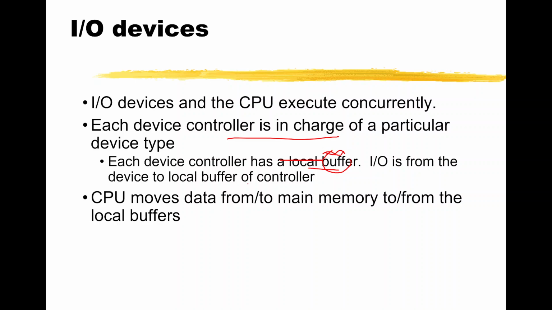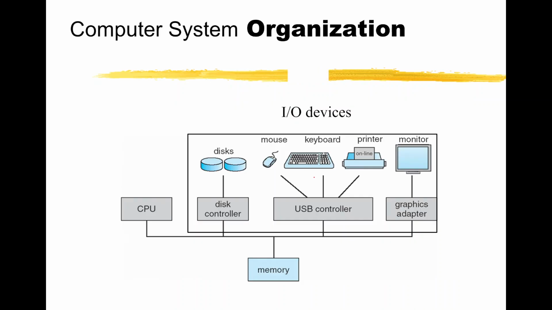The I/O is from the device to the local buffer of the controller. So if we are to get information from the keyboard, it has a buffer. When you type on your keyboard, the buffer for the keyboard stores the information before it sends it down to be executed.